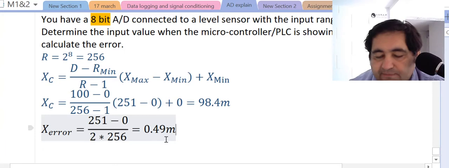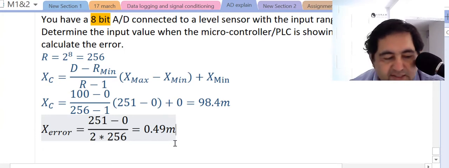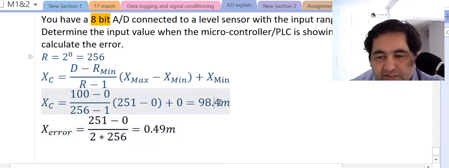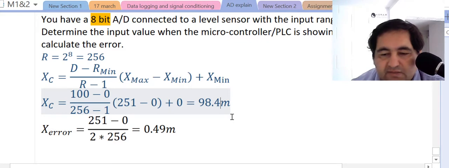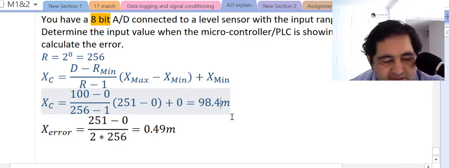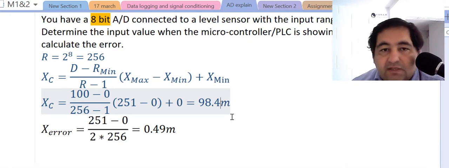So actually, if I get 0.49 meters as the error, this 0.4 is pretty much at the range of the error. What does that mean? That means my calculation comes with a lot of error.